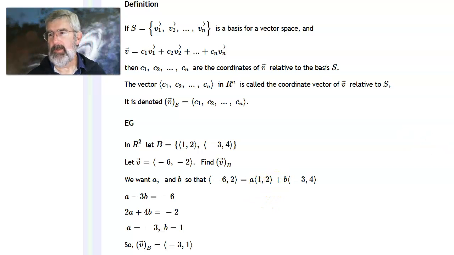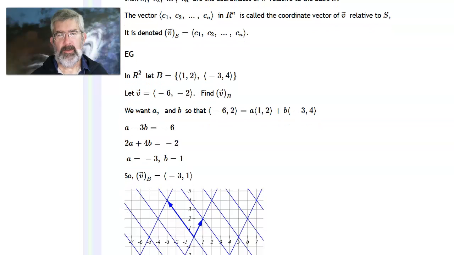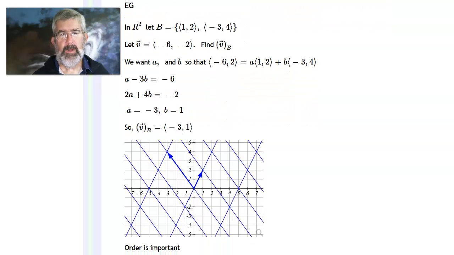Now, let's take a look at the picture of this. So I have here the two vectors, 1, 2, and negative 3, 4. And from that, I essentially generate a coordinate system, right? In the background, you can see the standard coordinate system, which is based on the standard unit vectors, right? 1, 0, and 0, 1 would be those two vectors.